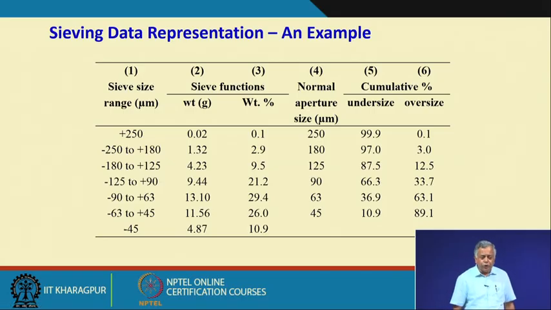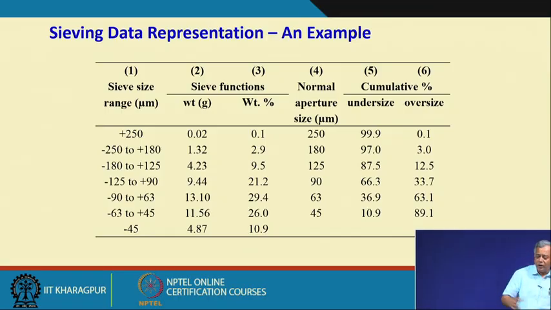I can take even the geometric mean, that is the square root of 250 multiplied by 180, but I must mention that it is a geometric mean size. But there must be some reason for using that. Normal aperture size, why am I using it? Because maybe I will try to use this information for designing or replicating a similar size separation in a large scale operation, which we call a screening operation.